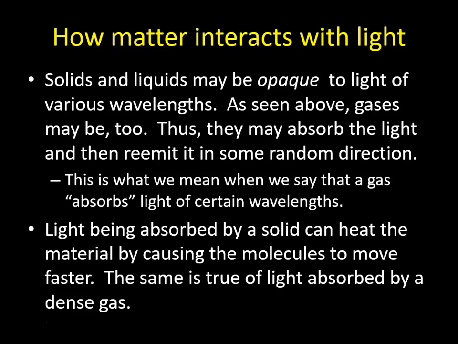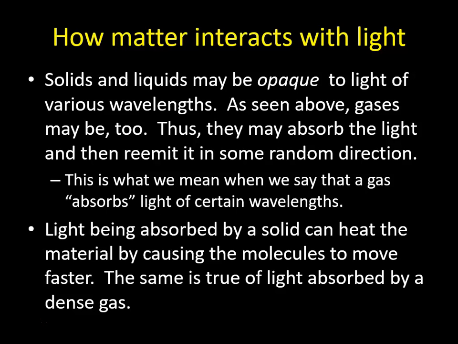Denser gases are going to be completely opaque to light of certain wavelengths, as we have already discussed with the greenhouse effect, where many infrared wavelengths are absorbed by the water vapor and to some extent the CO2 in Earth's atmosphere. In other words, our atmosphere is opaque to those wavelengths.